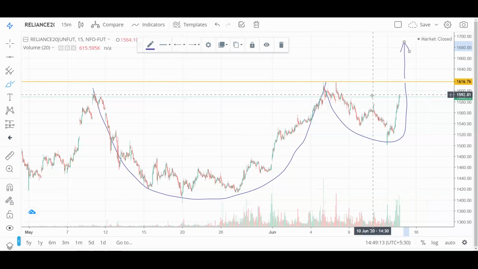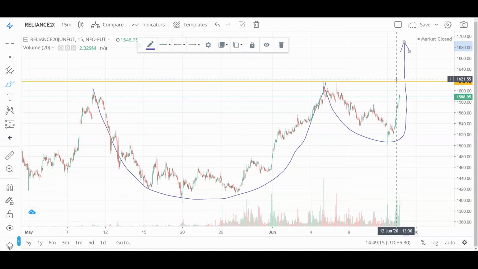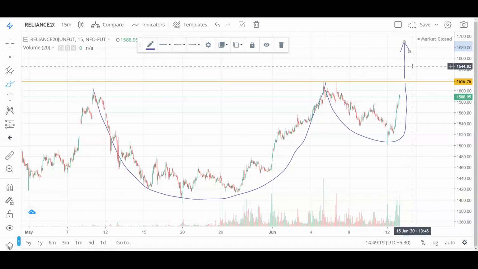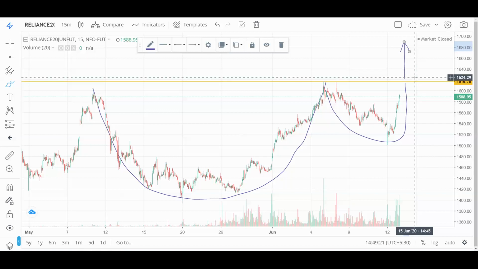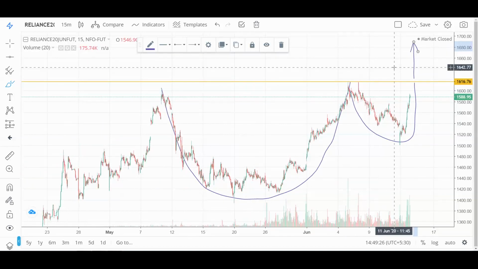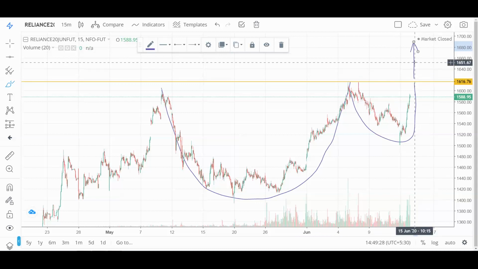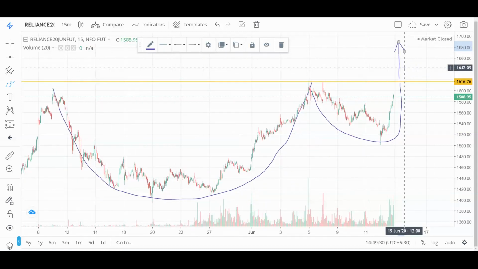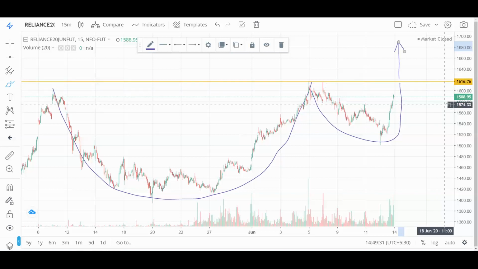For intraday players, you can keep the target as 1%, and for swing traders, you can keep the target from 2 to 3% with a stop loss of 1%. For intraday players, keep a target of 1%, later you can keep on trailing the stop loss, but buy it in the range of 1617 or 1618 to 1620 only.